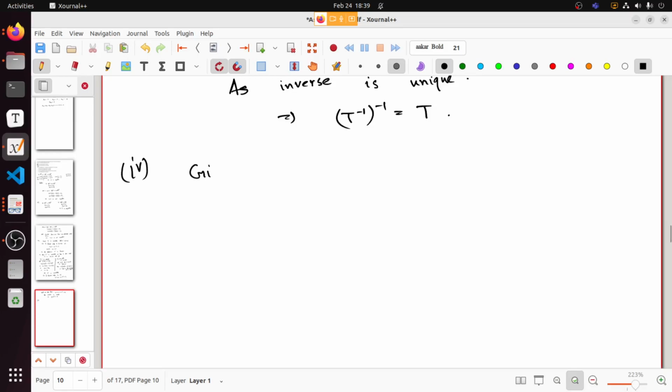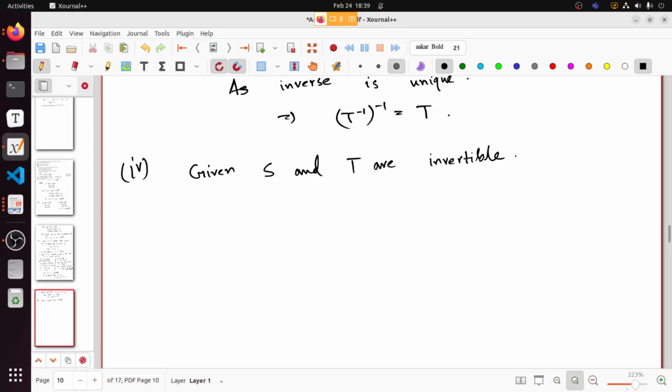So given S and T are invertible, we have to prove that ST is invertible.